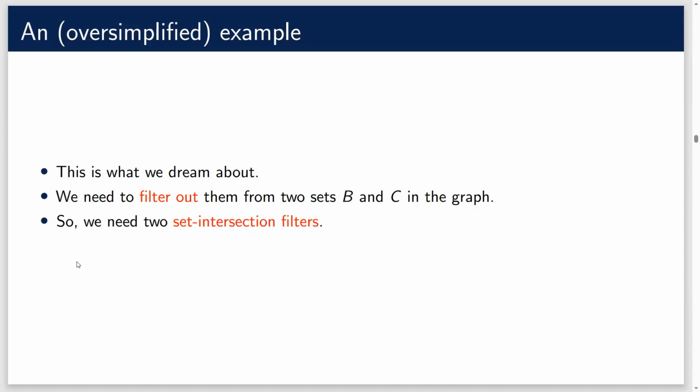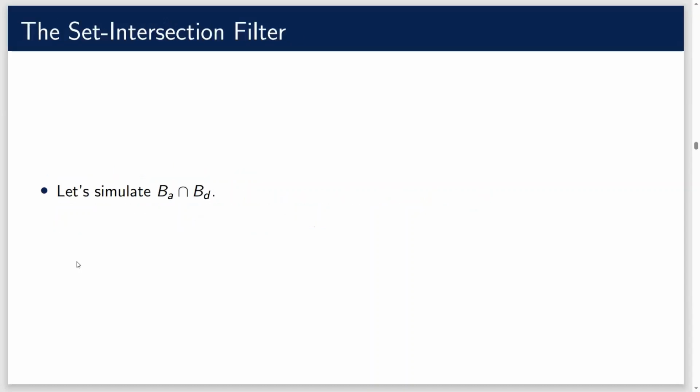So let's begin the introduction of our set intersection filters. First, we can just simulate the set BA cap BD. For CA cap CD, it is really similar, so we will ignore that part and just look at the upper part's proof.